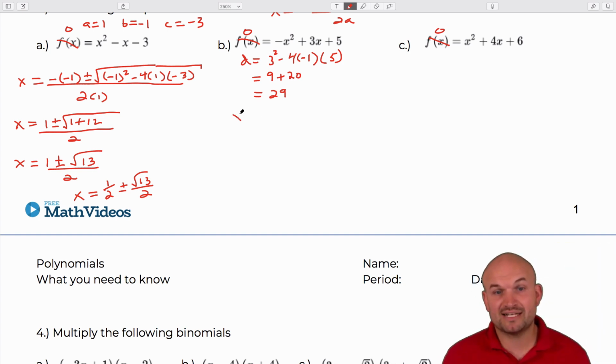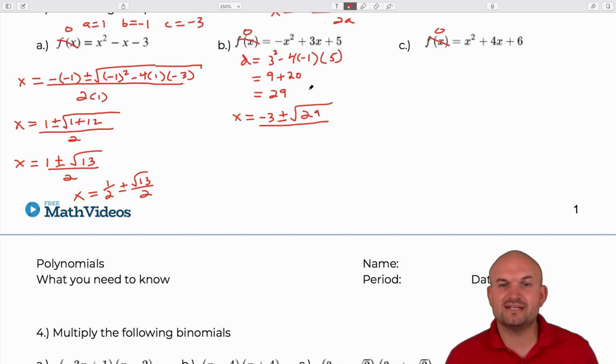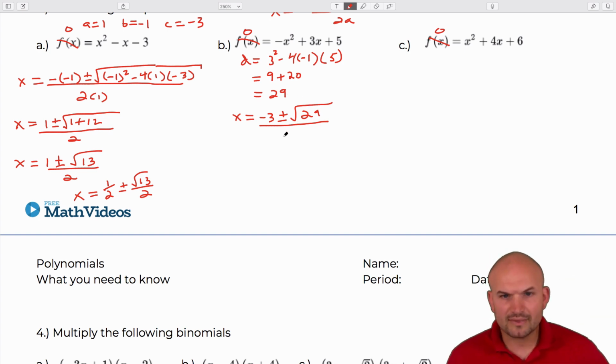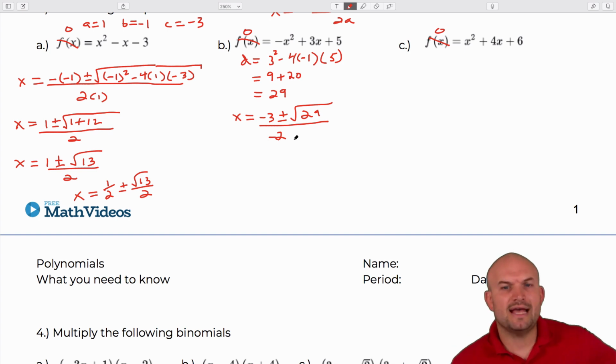I just really want to practice you going through the quadratic formula here. So the opposite of b here is now going to be -3. Plus or minus, take the square root of my discriminant. I just like doing it this way just because I understand what the discriminant is and I can make sense of the answer. And then 2 times a, which is -2. And therefore I can just take kind of stock as far as what type of solution I have.